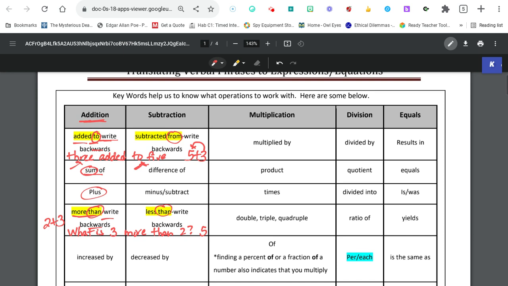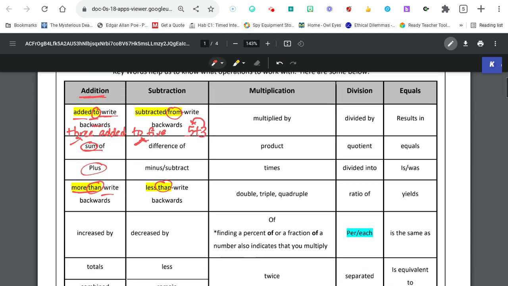So I'm going to make a little note somewhere. Than, to, or what I call from statements. We want to make sure that we write those backwards. In other words, write them not left to right, but right to left, okay?